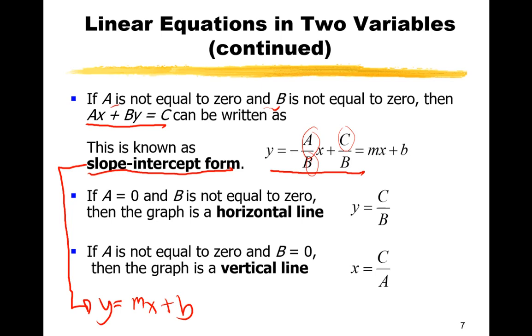Okay? So, simple lang naman yan. Nagmultiply lang sila ng 1 over b on both sides of the equation in order to get this form ng equation natin. Yung negative a over b natin right here is our m. Ano nga ulit ang m? This is our slope. Then yung term na c over b, ito yung nire-represent ng small letter b na term dito sa part ng equation na to.